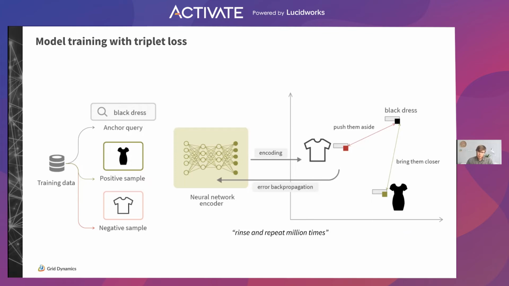Training for this network will optimize the vector distance between the query embedding and the positive embedding. So we will bring them closer to each other during training, and we will push the query embedding and the negative embedding aside, so they are far away from each other.